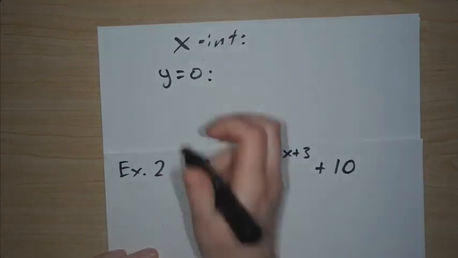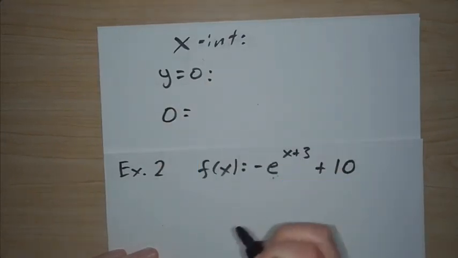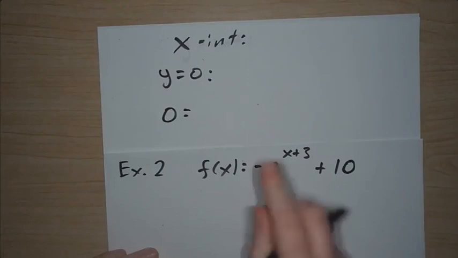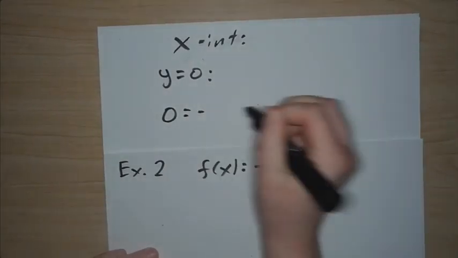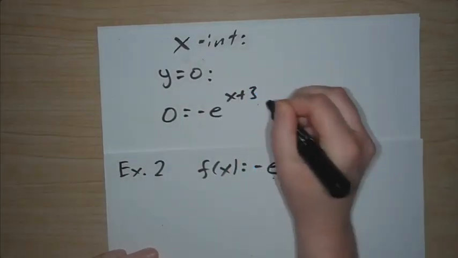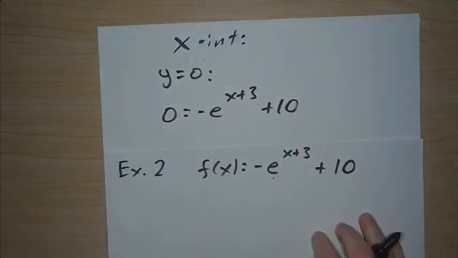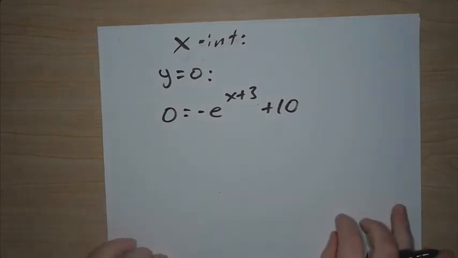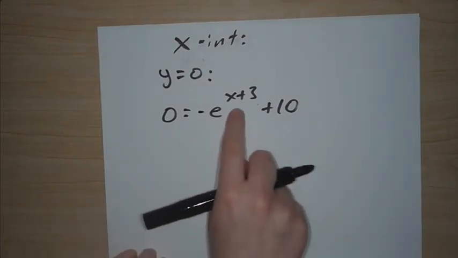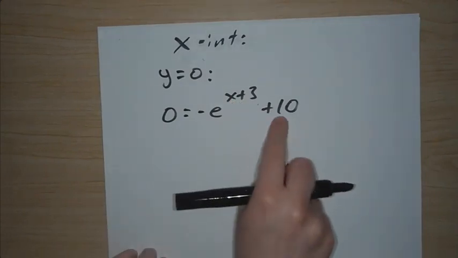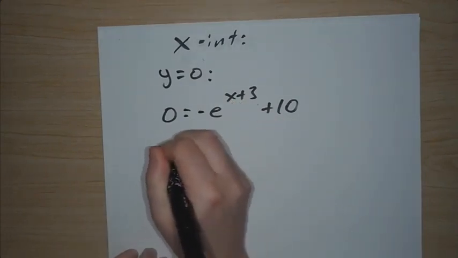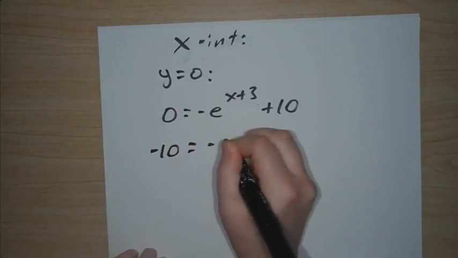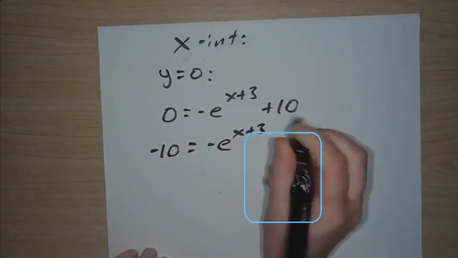So instead of f of x, we'll have 0 equals negative e to the x plus 3 plus 10. Now we need to solve for x. To do that, we're going to try and get x alone. So we're going to subtract 10 on both sides, and we'll have negative 10 is equal to negative e to the x plus 3.